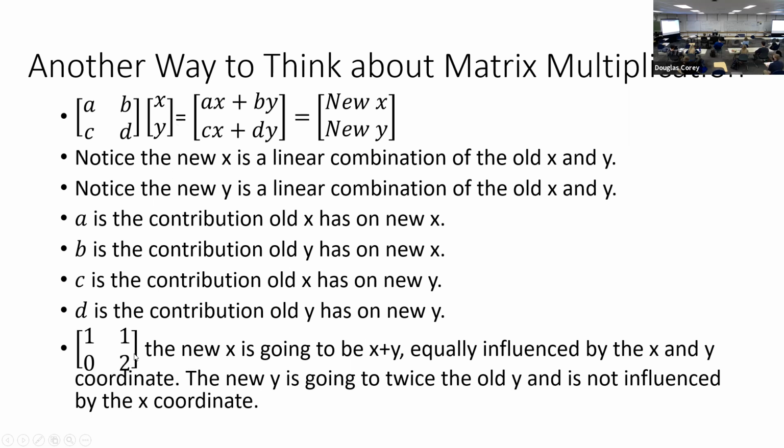I know that my new y doesn't depend at all on my x because c is 0. So it doesn't matter what coordinate I have in my x. My new y is only dependent on my old y. So, if it helps. Okay, any questions about anything we've done today?